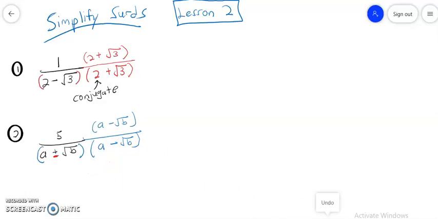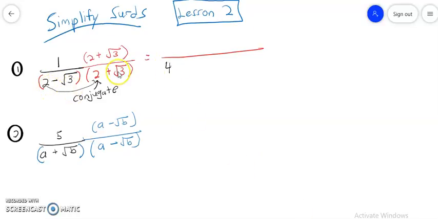Now let us multiply. This 2 multiplied with the 2 becomes 4.